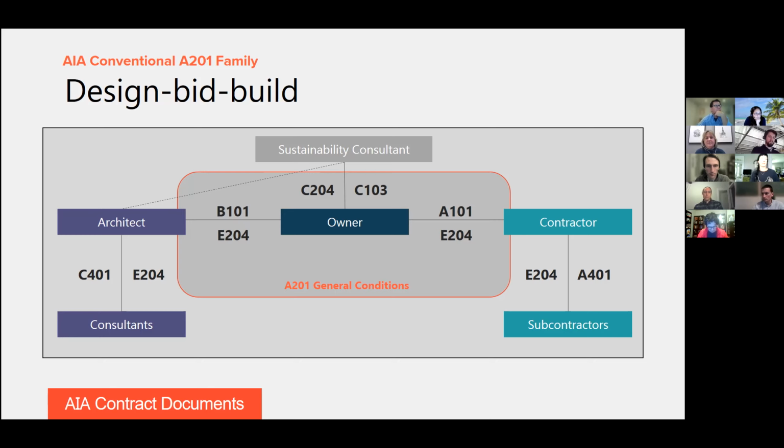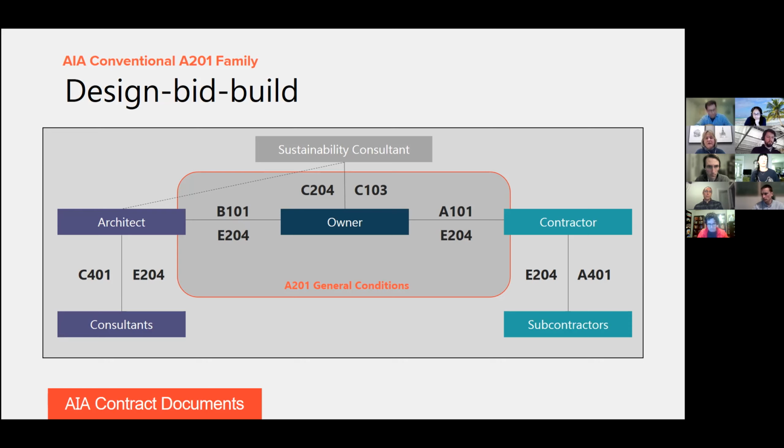I think another thing we've layered in here, if you're doing a lot of sustainable projects, you may be familiar with the E204, which is an overlay document that gets attached to all these documents, and it really outlines the sustainability services on a project. And then we have a newer document that just came out in 2020, which is the C204.